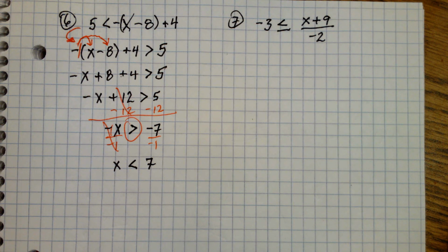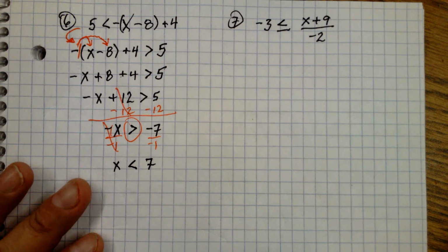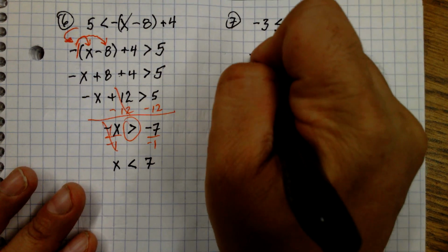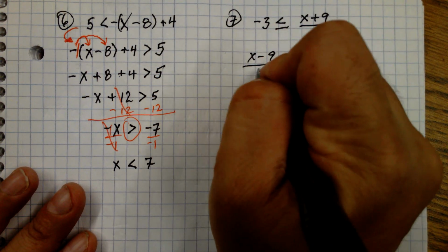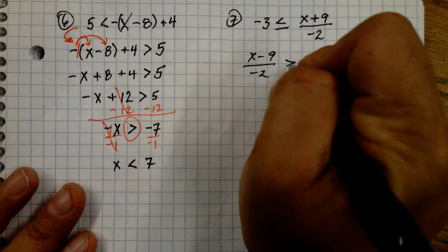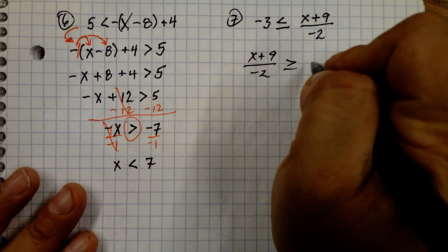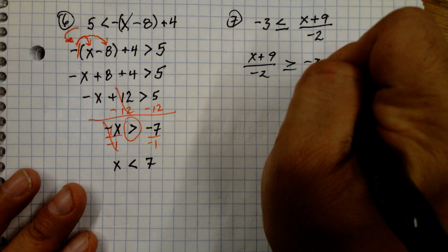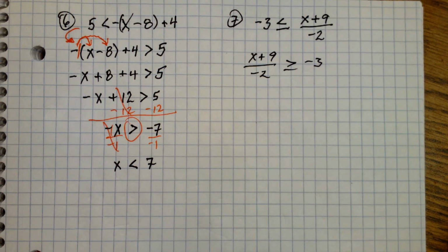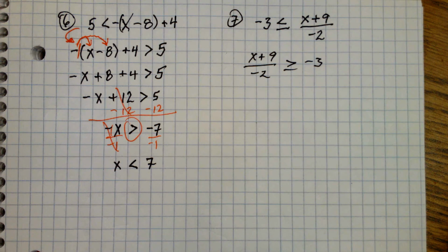So I figured we should get some practice with this. Any suggestions? How do we start this? Flip the inequality. Probably a good idea. So put x plus 9 divided by negative 2 on the left. Is it just x plus 9 divided by negative 2? Yeah, the whole thing's divided by negative 2. Okay, so all we did is just reverse it.